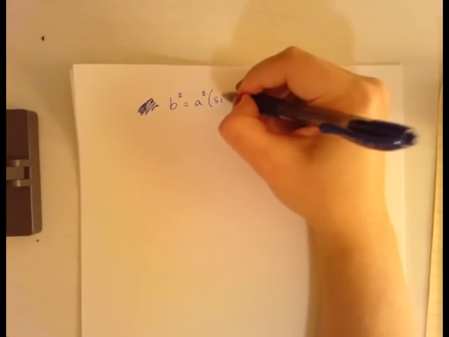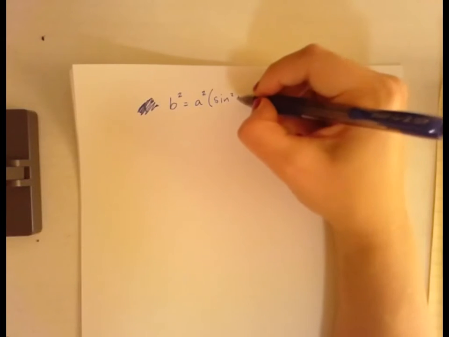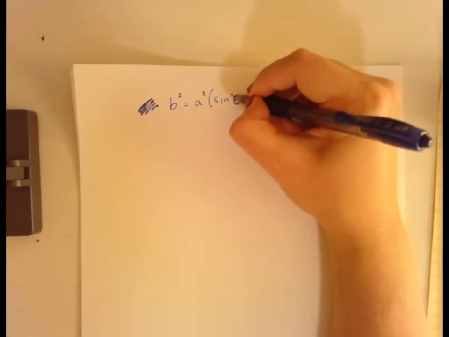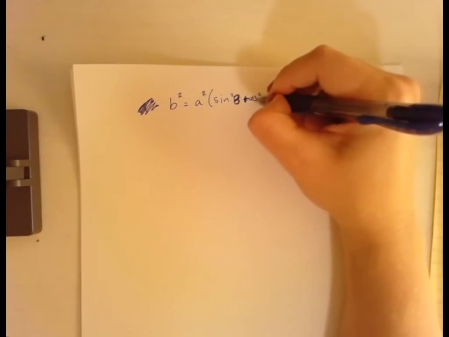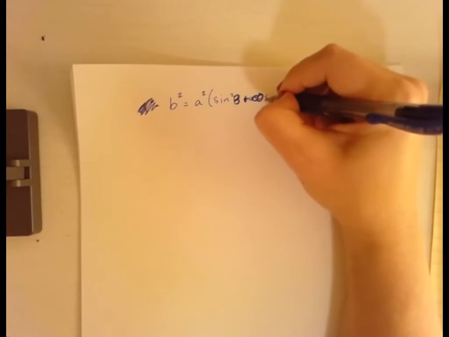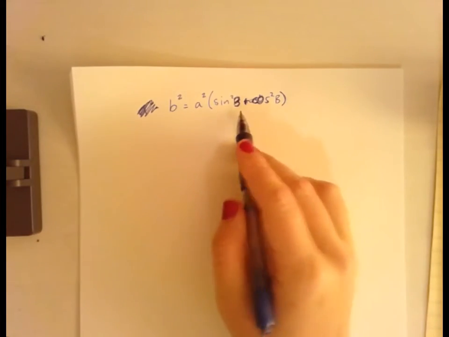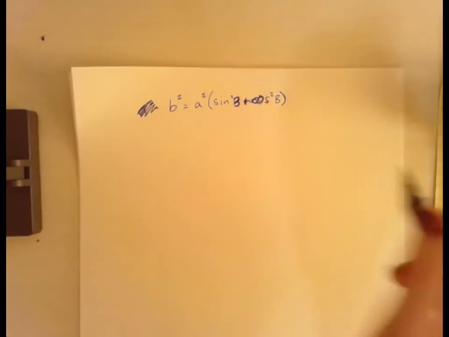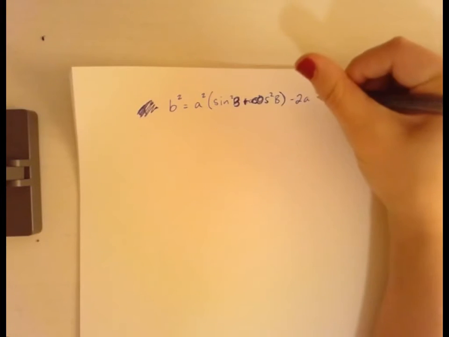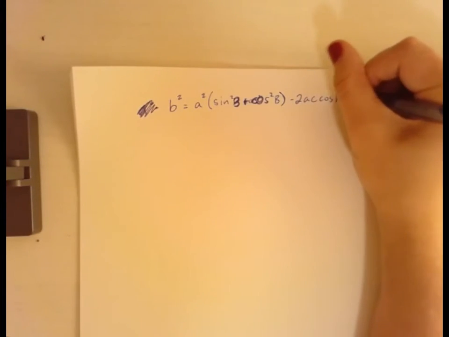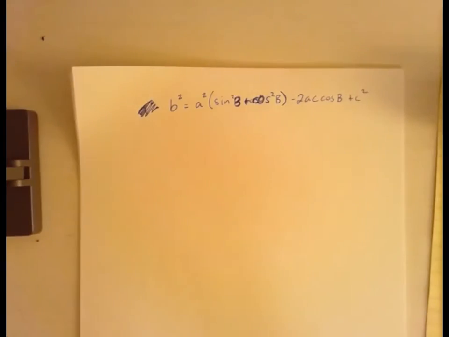And then I have sine squared B plus cosine squared B. There we go. A little rough there. But I factored out my a squared. And then I have still my minus 2ac cosine B plus c squared.